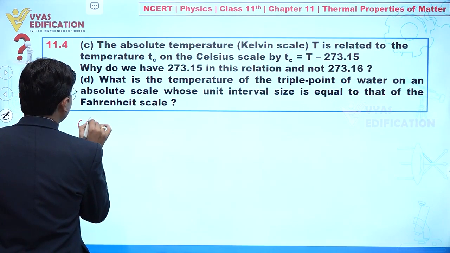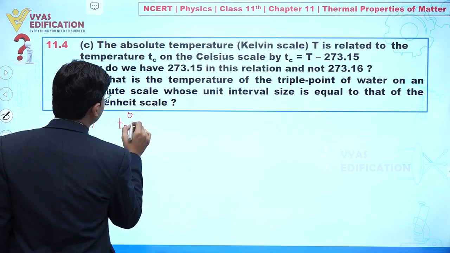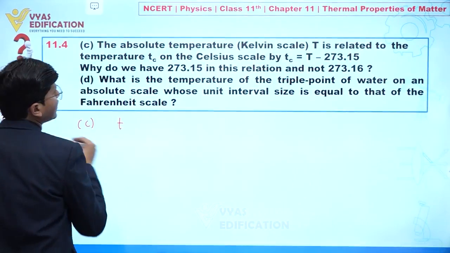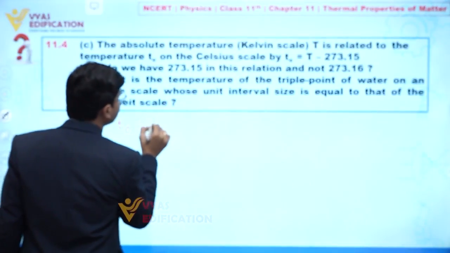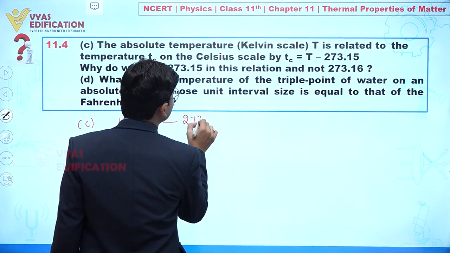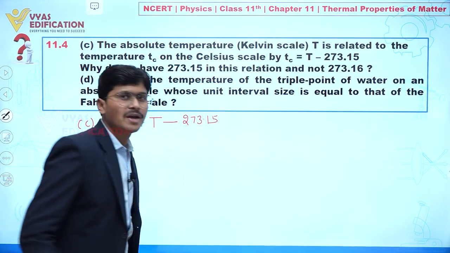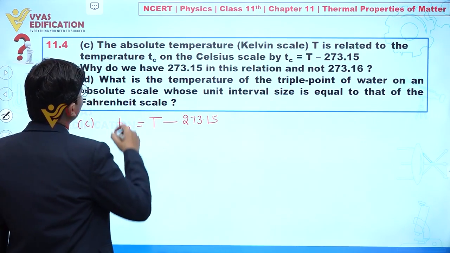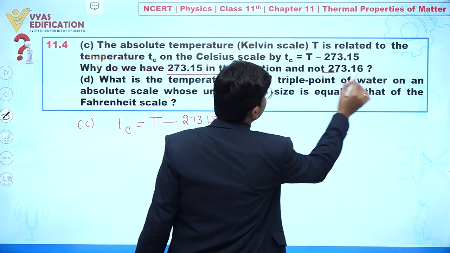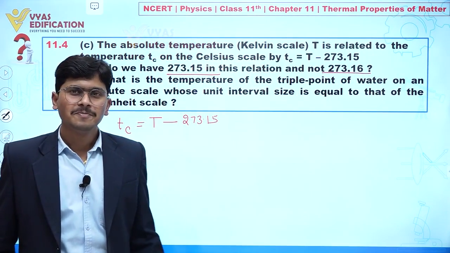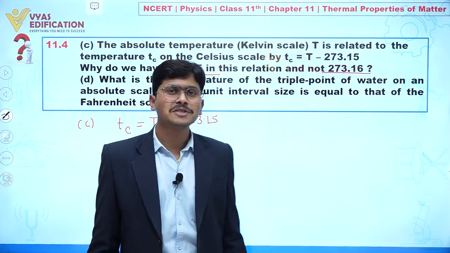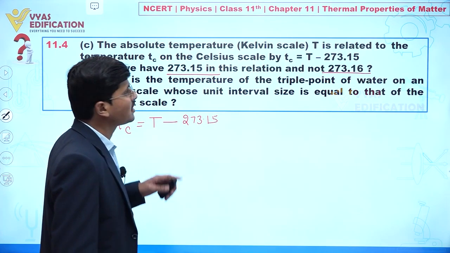So we define T degree Celsius, or Tc, as temperature in Kelvin minus 273.15. Now in this question it is asked, why do we have 273.15 instead of 273.16? Because if you are taking the triple point of water as a reference point, why are you not taking 273.16?